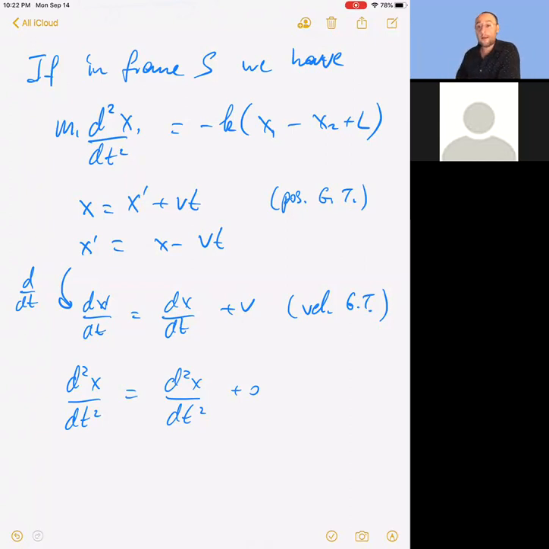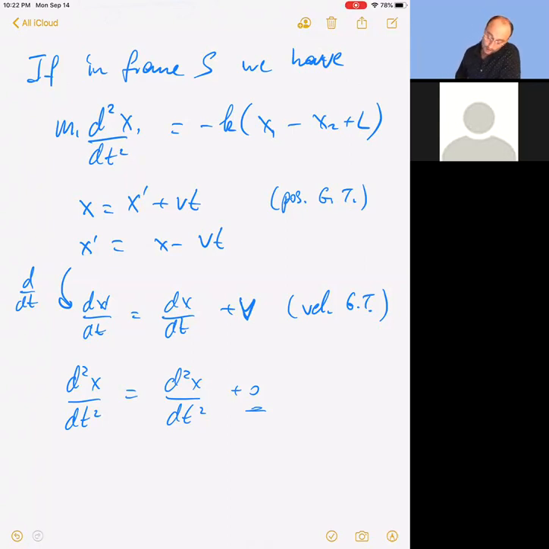What if the second frame is accelerating relative to the first frame? In other words, v, the relative velocity between the two frames, is not a constant. Well, then you would not get a zero, and the accelerations would be different. Then you would not agree on the accelerations.